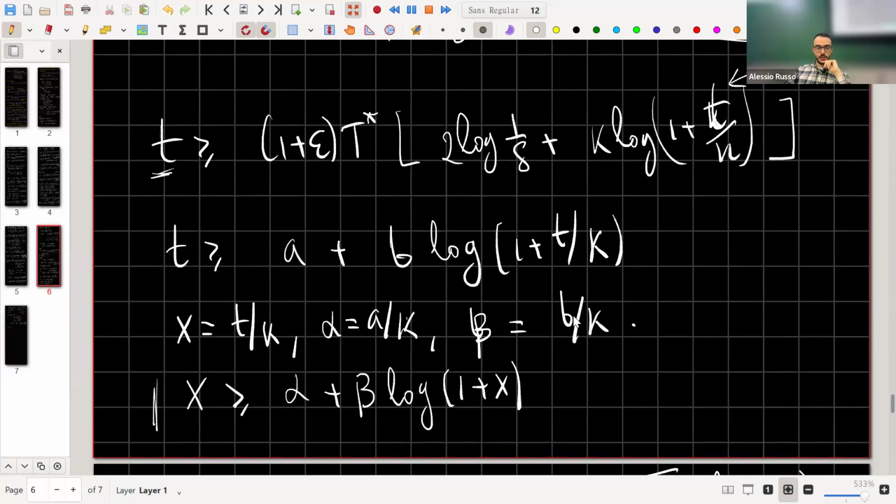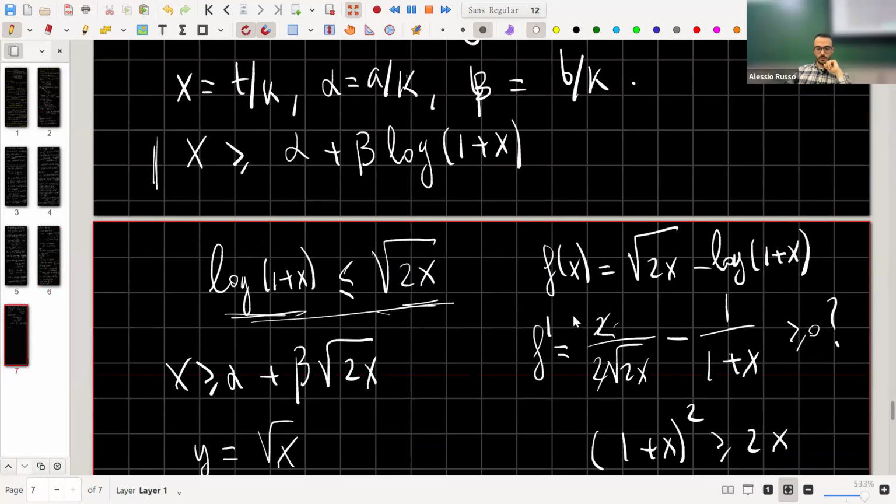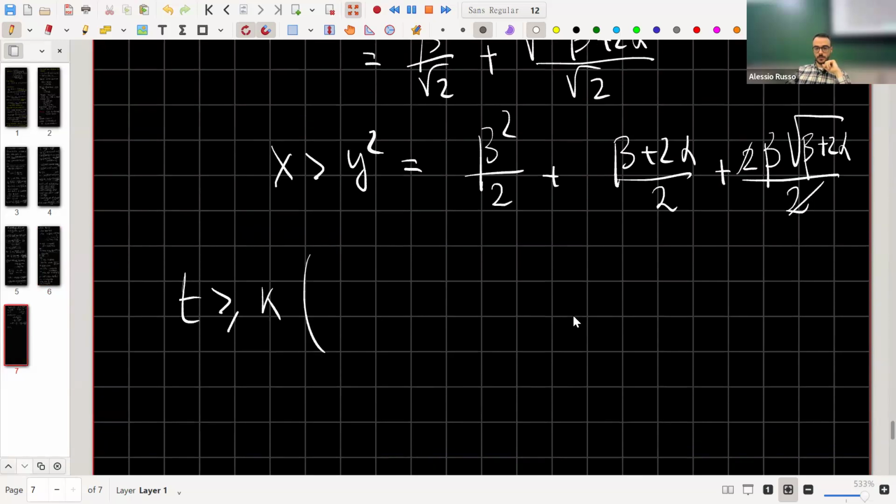Because a is equal to k alpha, and a was the term that includes this log 1 over delta. So it's the important term because when we let delta go to 0, it will be the term that goes to infinity. So it will dominate everything else.